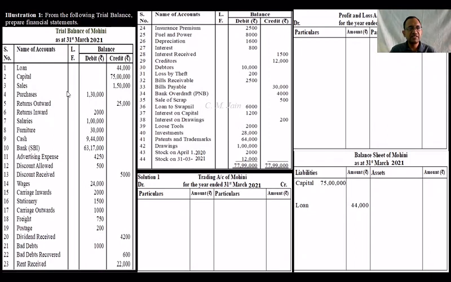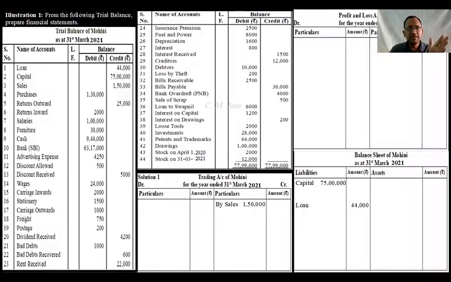Next, we are given sales. Where will sales come? Yes, it comes in trading account, credit side. Amount of sales also we will write in inner column, because whenever you are given sales or purchases in a trial balance, first of all see whether you are given sales return, purchase return later in that question or not.